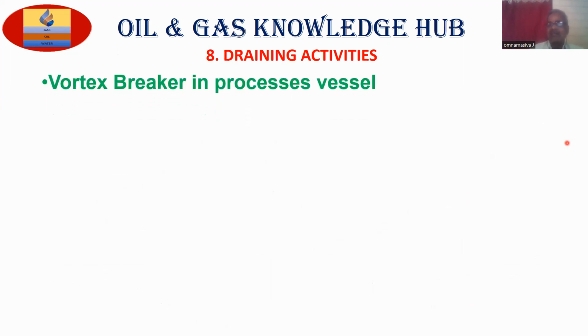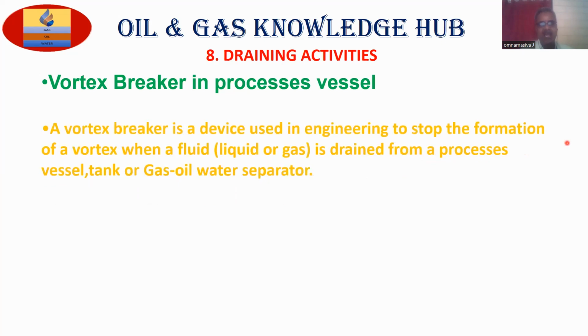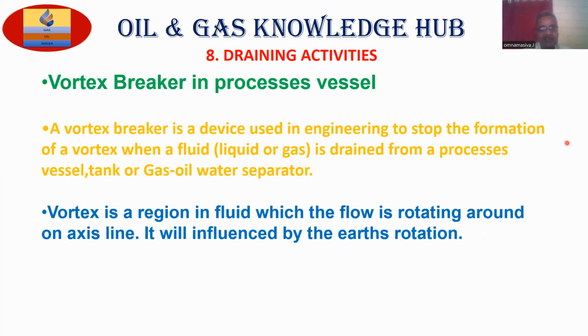Now let us understand the vortex breaker in process vessels. A vortex breaker is a device used in engineering to stop the formation of vortex when a fluid, liquid or gas, is drained from a process vessel, tank, or gas, oil, water separator. A vortex is a region in a fluid in which the flow is rotating around an axis line.